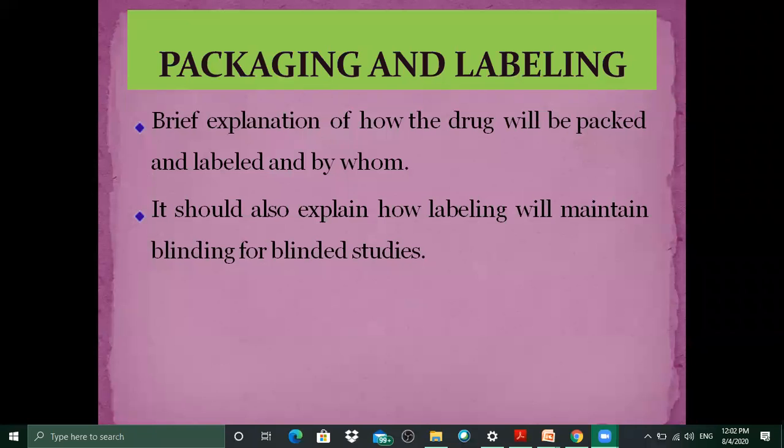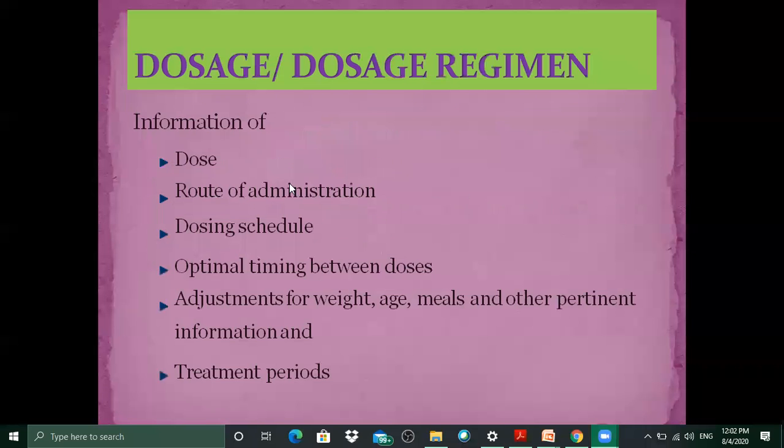Meaning if we say treatment A and treatment B, the subject should not know what treatment A is, whether it is the control or whether treatment A is the investigational drug. That is also a very challenging part when it comes to packaging and labeling, and it has to be done meticulously and without any error. So that is very important. Then dosage or dosage regime.